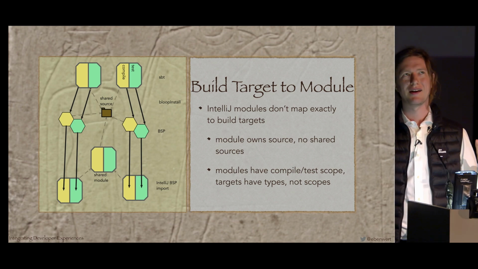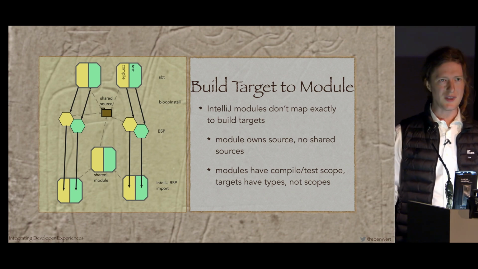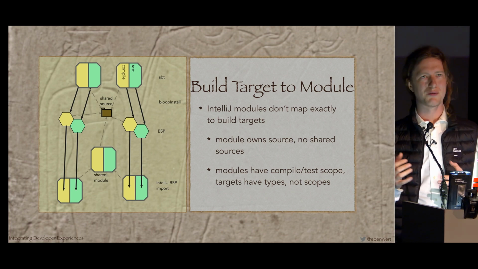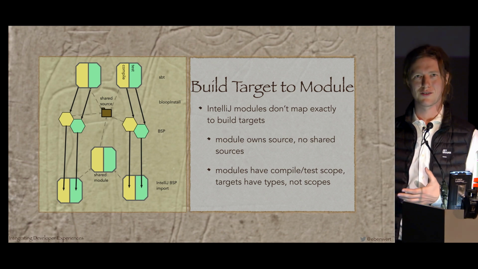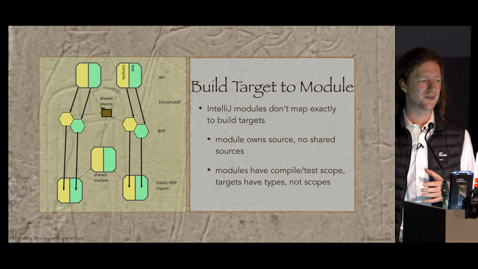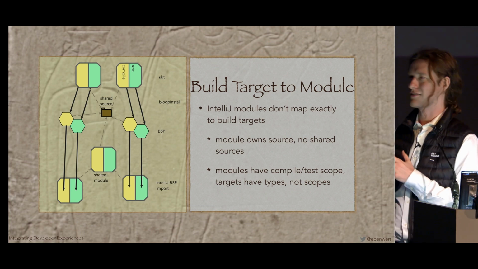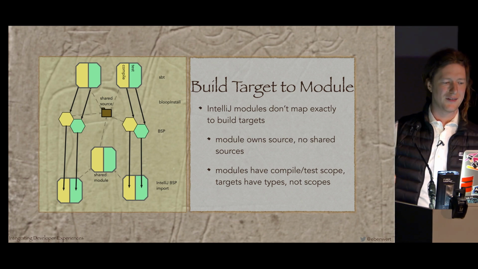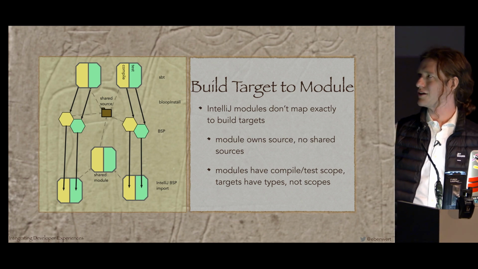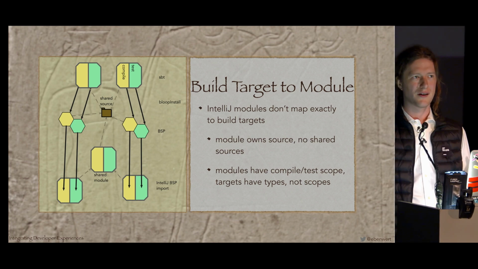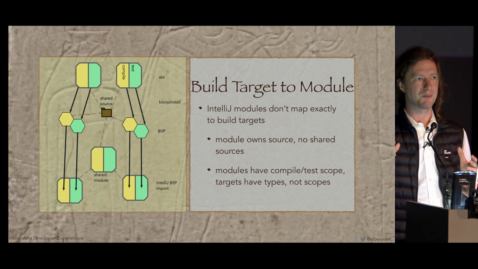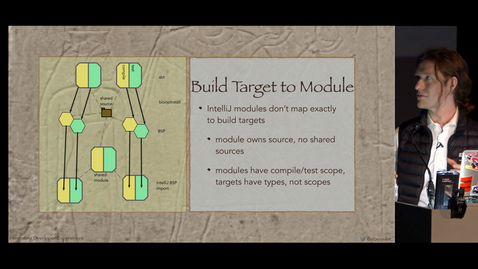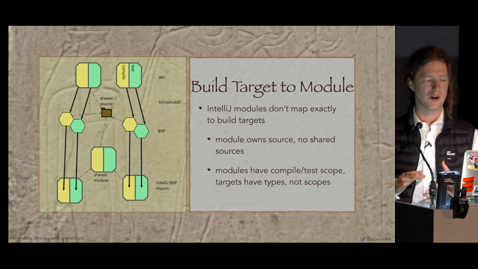SBT has the concept of projects, which are the compilation units. But these projects are kind of subdivided into scopes. Most people just use a compile scope and a test scope. Likewise, on the IntelliJ end, we also have compile and test scopes in an IntelliJ module. So that maps more or less straightforwardly.